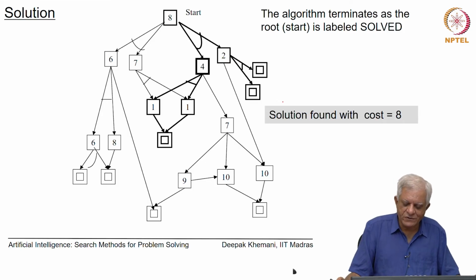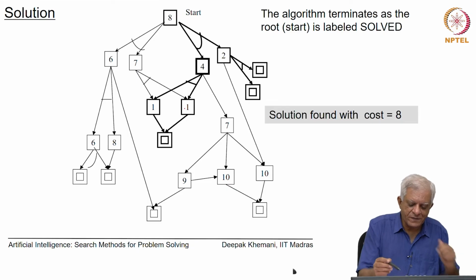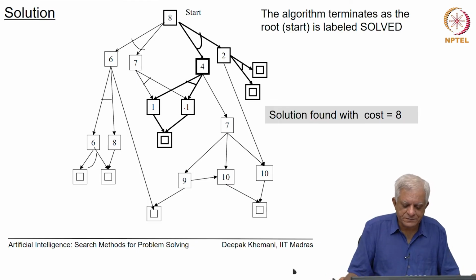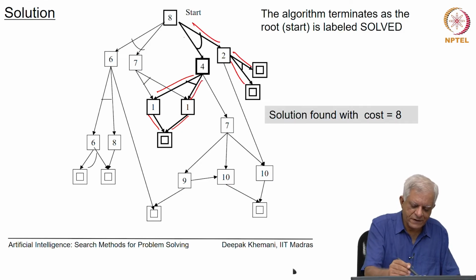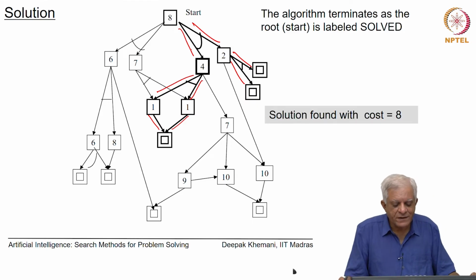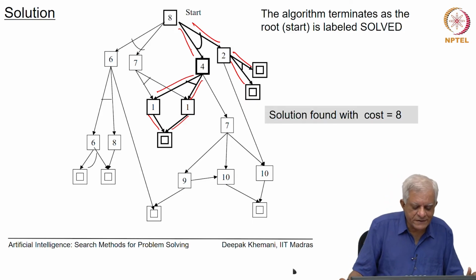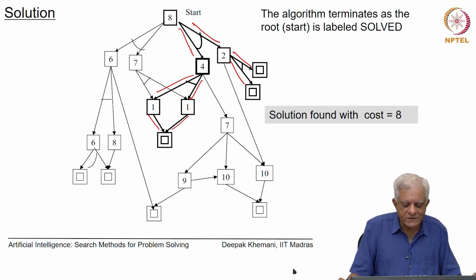It has also been reduced to a cost of 1. So, you can see that the total cost has now become 8 and this 8 has come because there are 8 edges in the solution: 1, 2, 3, 4, 5, 6, 7, 8. The only cost is the cost of transforming and this is the solution it has found.